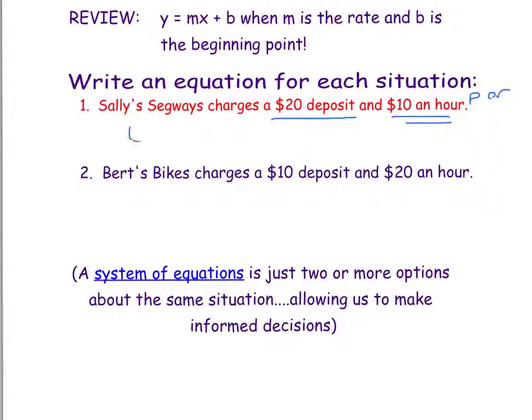So that would be Y, or C for cost. I'm just going to use Y and X. $20 up front plus 10 per hour. So X is the number of hours. And Y is the total cost.